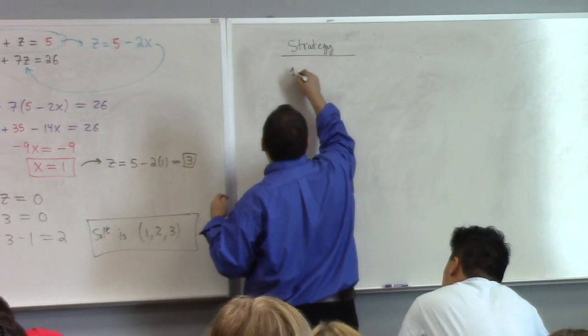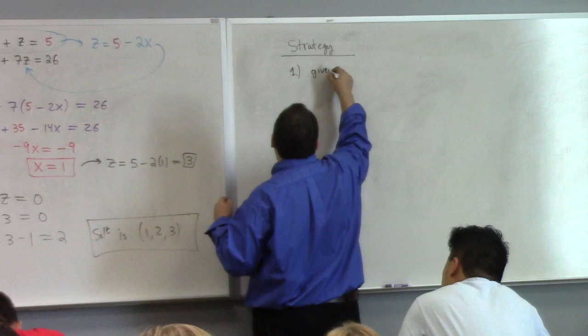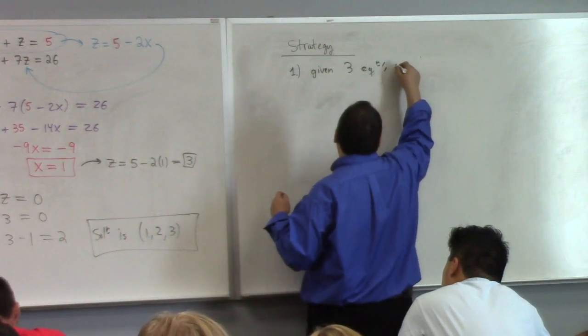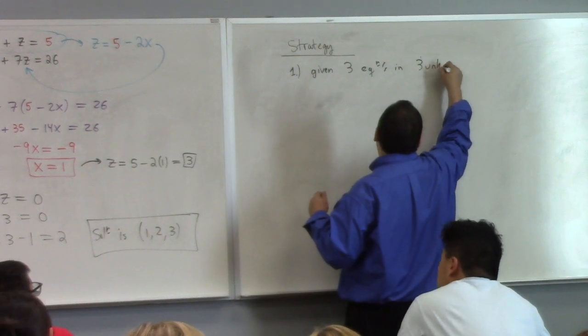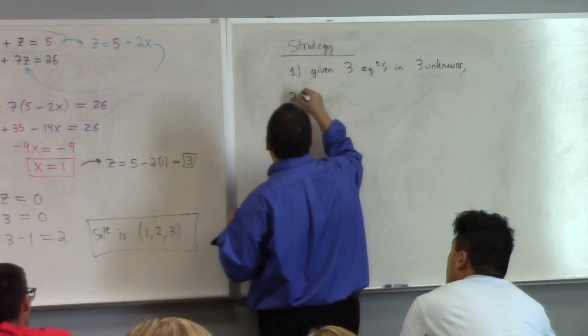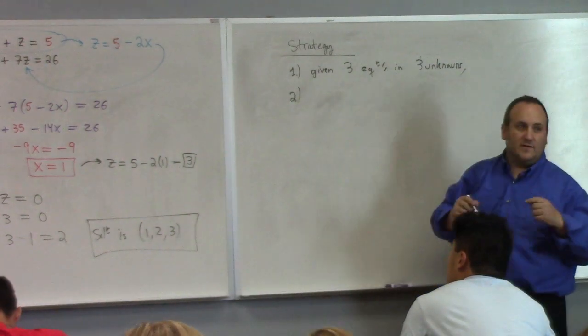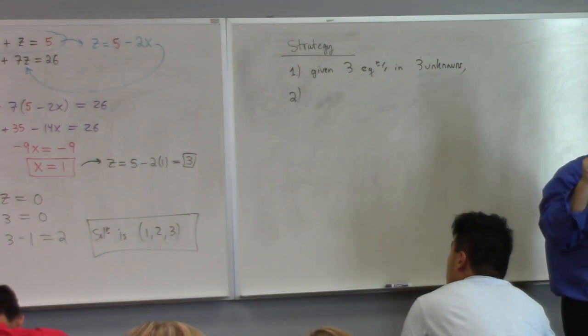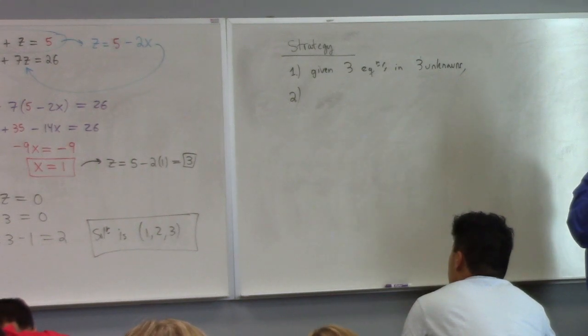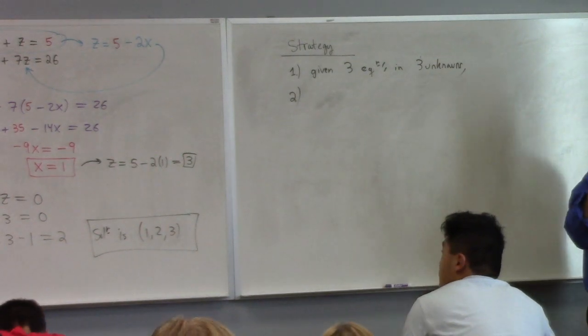So, given 3 equations in 3 unknowns, that's step number 1. The first thing you have to do is find a way, either by substitution or by adding or subtracting equations, to get rid of one of the variables.